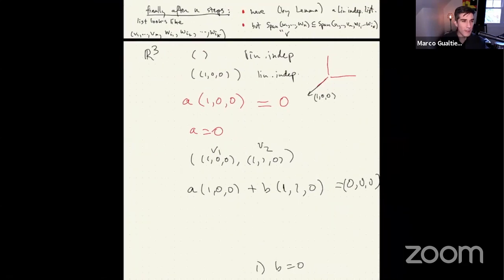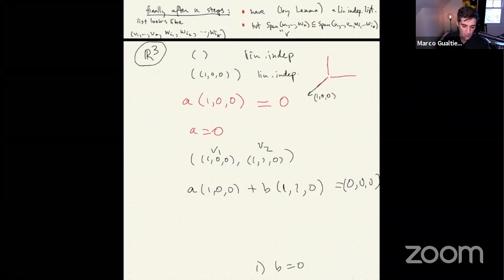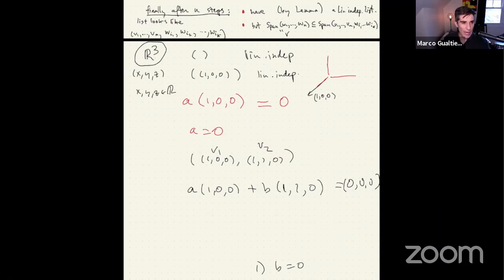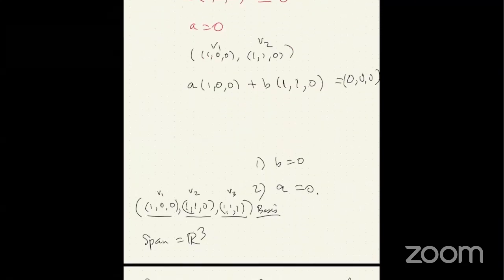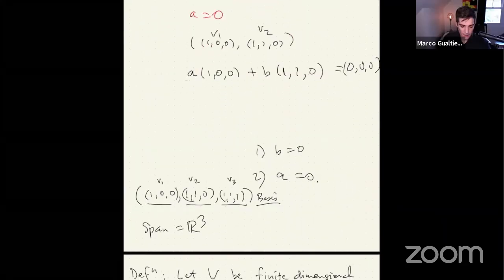So here we need to decide which vector space we're working in. We're working in R3, okay? An element of R3, what does it look like? X, Y, Z, where X, Y, and Z are in R. And this has vector space structure. In other words, we know how to add them and we know how to do a scalar multiplication. So if I take a scalar A and multiply it on this vector, what do I get?